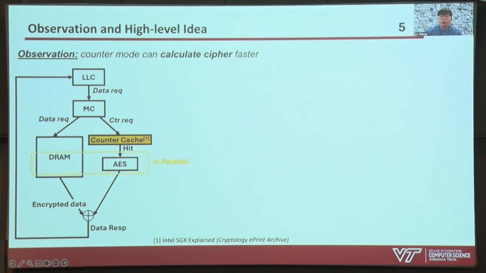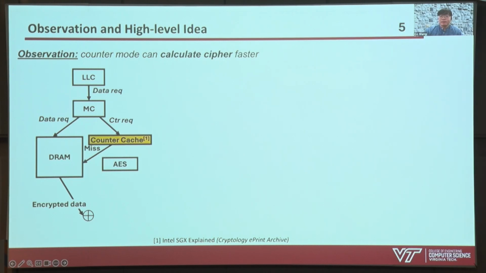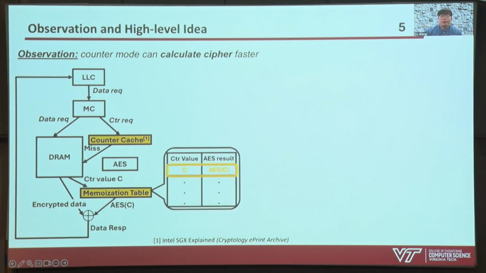The counter cache access is quick, so AES is in parallel with the DRAM access of data, hiding the AES latency. Even for a cache miss, after the counter arrives from DRAM, the memory controller can use the counter value to quickly get the AES result for the counter, and then XOR the AES result with the data to get the plaintext. For example, my prior work MCC uses a 128-entry table with a hit rate of more than 90% on average for irregular workloads. Also, the access to the small table takes just around 1 nanosecond, much faster than AES calculation.